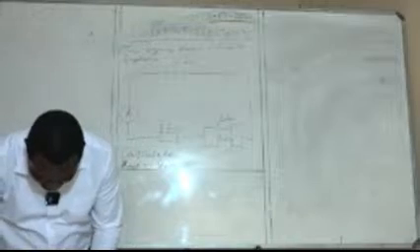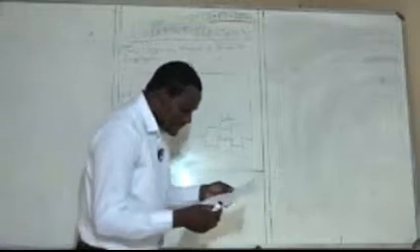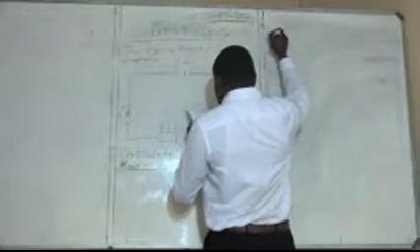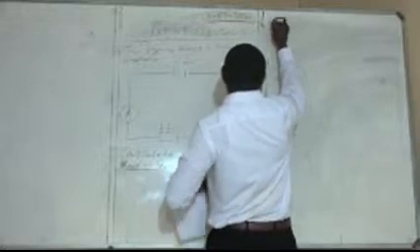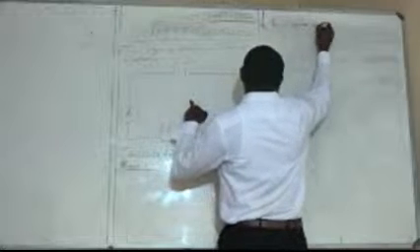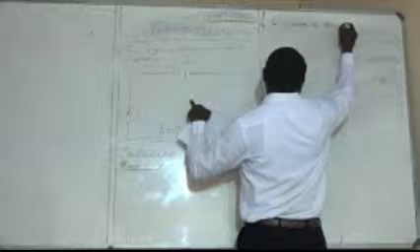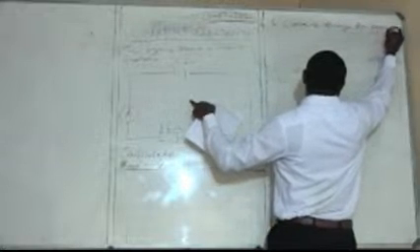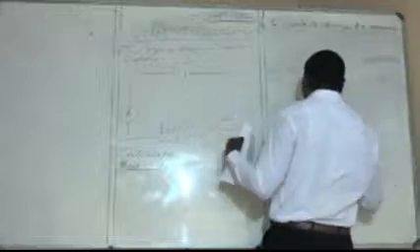Part B says, the current through the ammeter. The B part here says you're trying to find the current. We calculate the current through the ammeter.